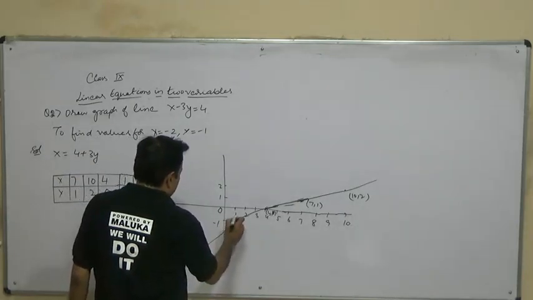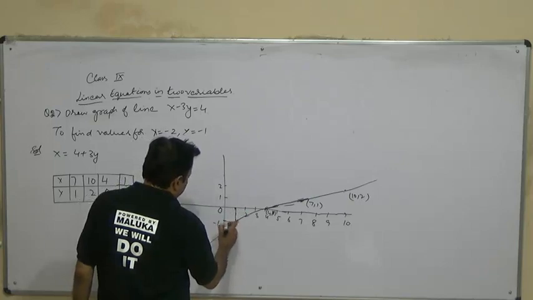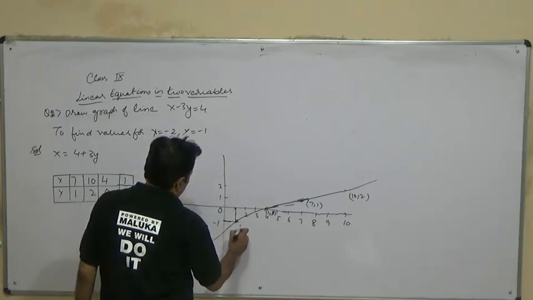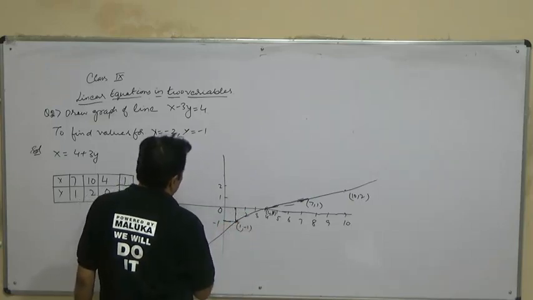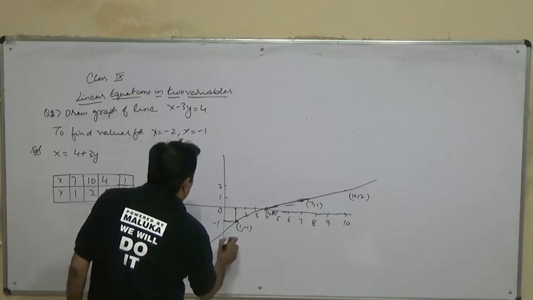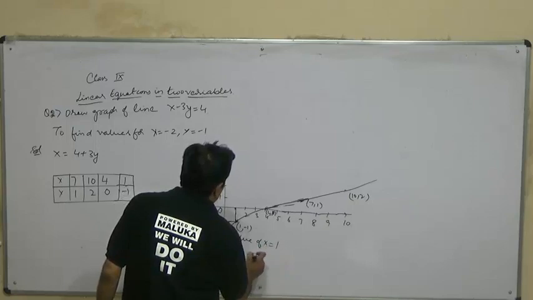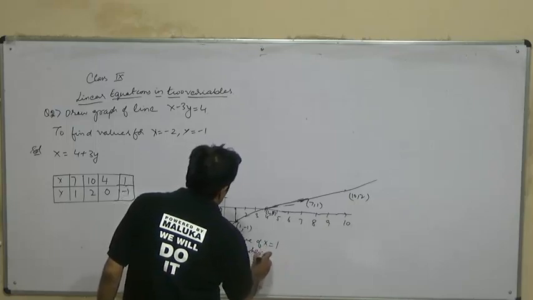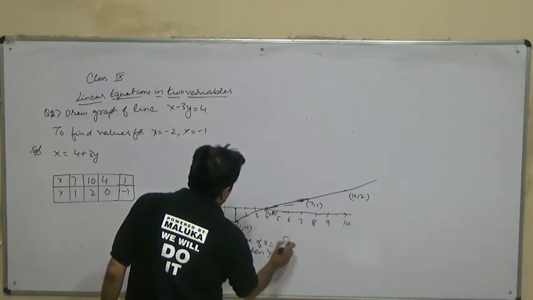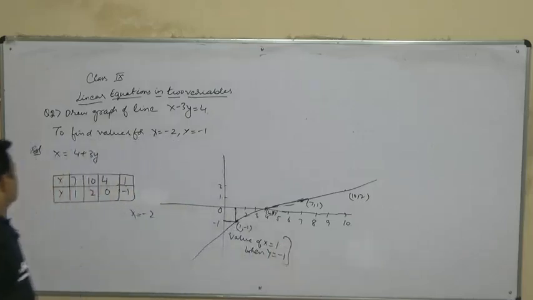So we can see that the graph cuts here. So this is (1, -1). So that is the value of x equal to 1 when y is equal to -1. Okay. Then we have to check for x equal to -2.